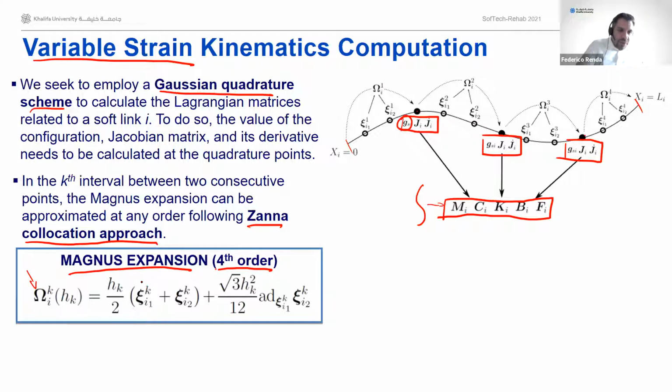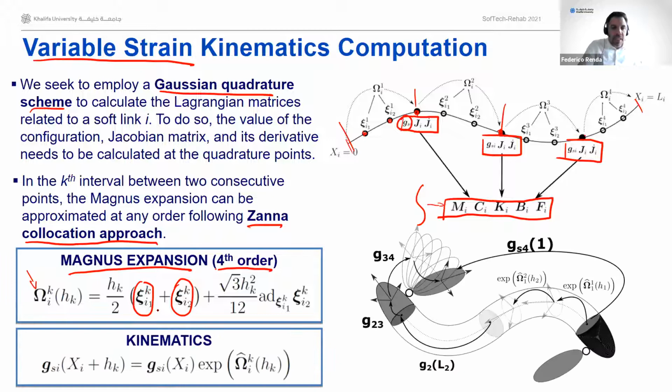For a 4th order, you need 2 values of your strain in between an interval, between 2 consecutive Gaussian quadrature points. So once the Magnus expansion is approximated, then you can use the exponential in SE3 to compute your configuration. You can jump all over your chain to find the configuration of all the points that you want.